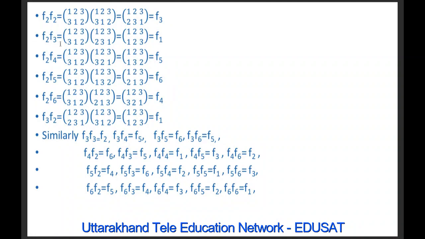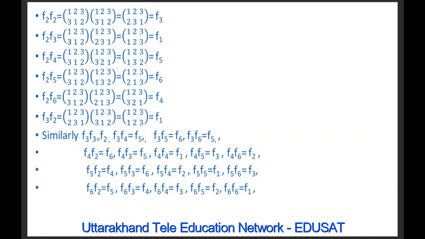Similarly, F2 F3. F2 is 1 2 3 and 3 1 2, and F3 is 1 2 3 in the first row, 2 3 1 in the second row. So first we will apply the transformation F2 and then the one given in F3.